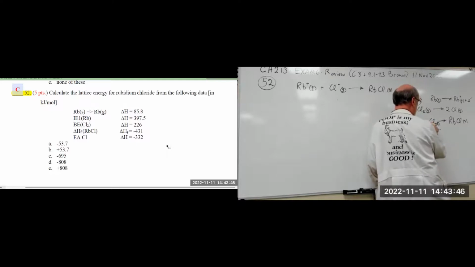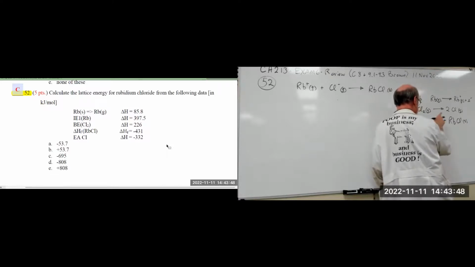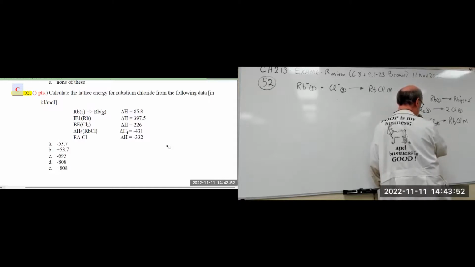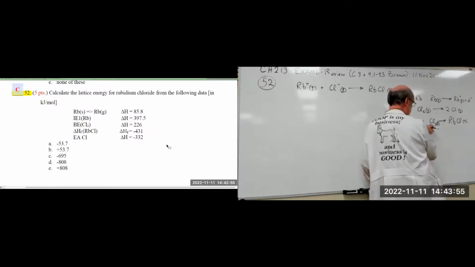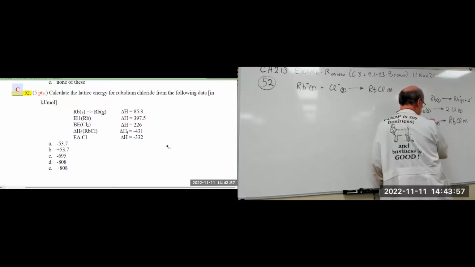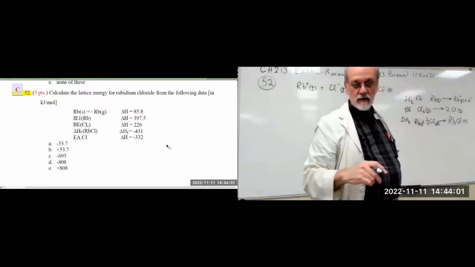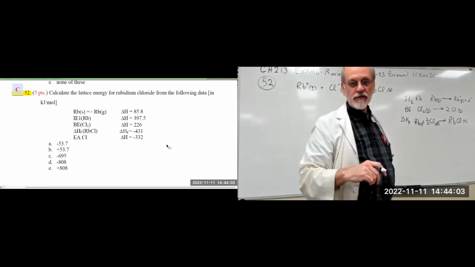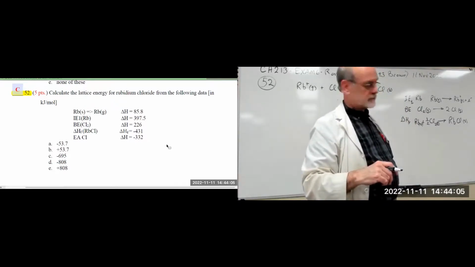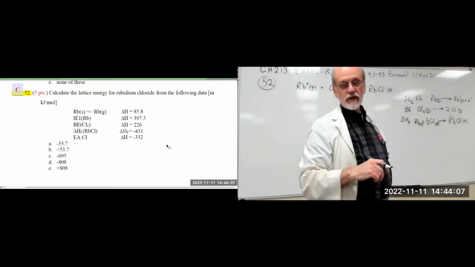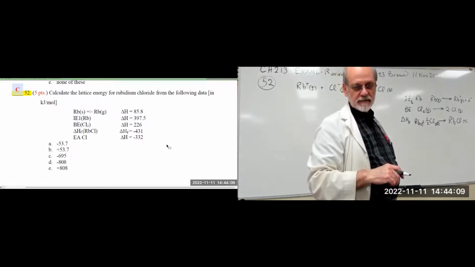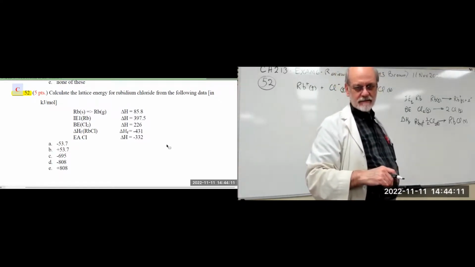So the dichlorine molecule gas is where you start, and then the rubidium solid metal. This one you need a half. So that will give you minus 431 kilojoules. That's exothermic.